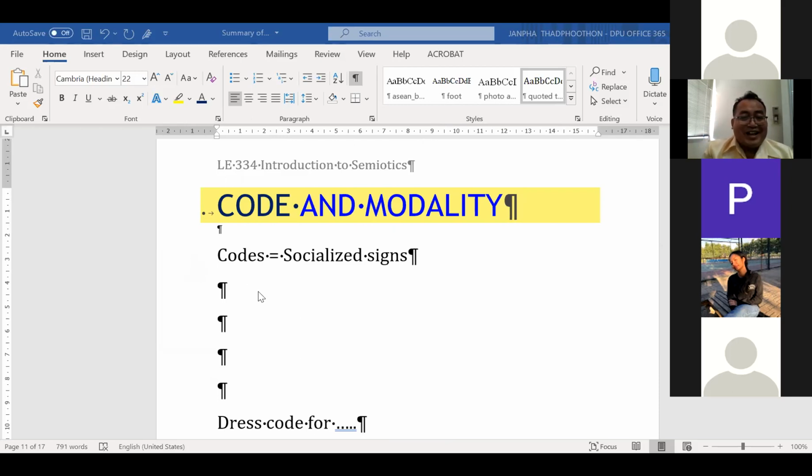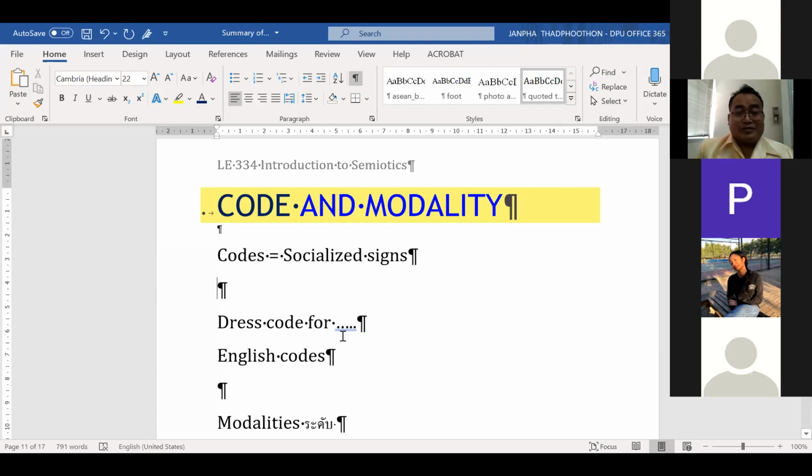Okay. And we can have other codes as well, like the dress code. What is a dress code for university students? What would be the sign that will tell people that you are Thai university students?